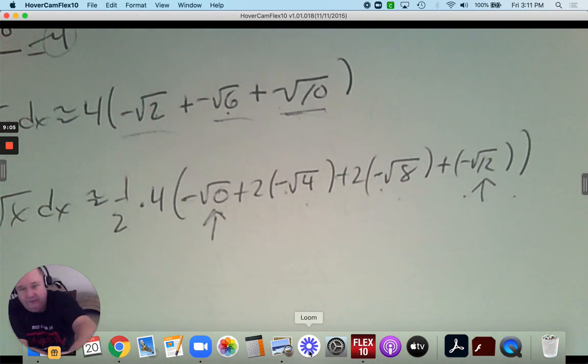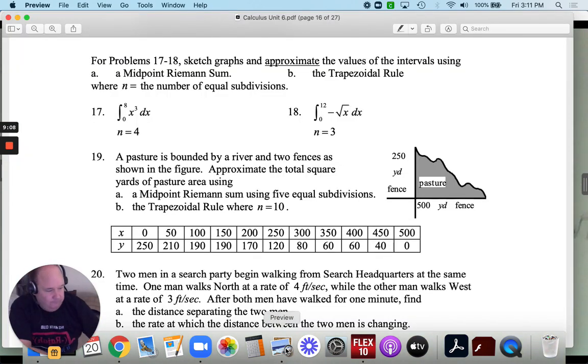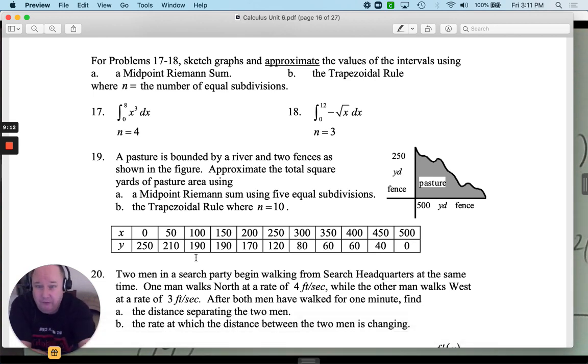Number 19. A pasture is bounded by a river and 2 fences, as shown in the figure. Approximate the total square yardage of pasture using a midpoint Riemann sum using 5 equal subdivisions.